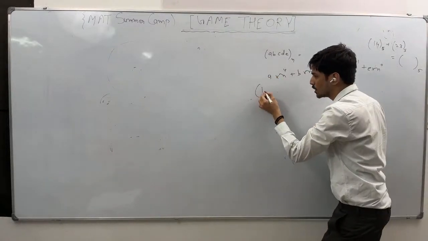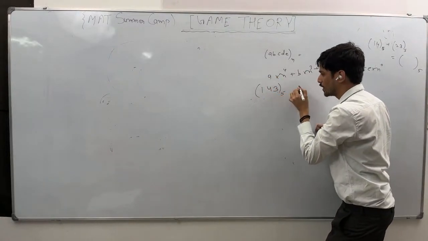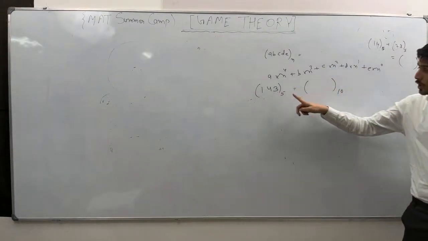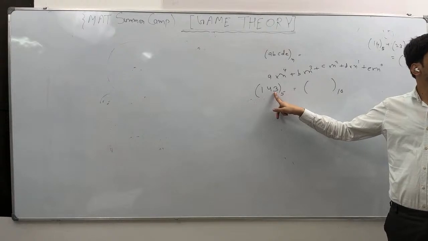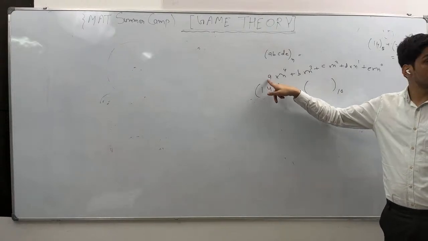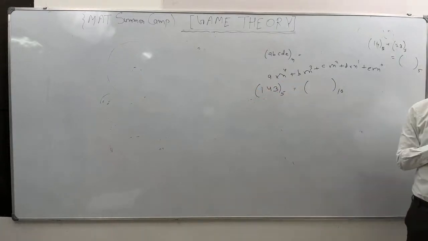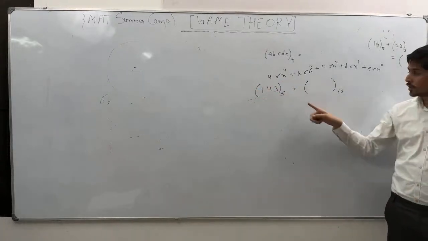Similarly, if I give you a question, let's say 143 in base 5, what will this number be in base 10? All of you try. What do you do? 5 power 0 into 3, 5 power 1 into 4, 5 power 2 into 1. Try to find the answer. Are you getting my point?